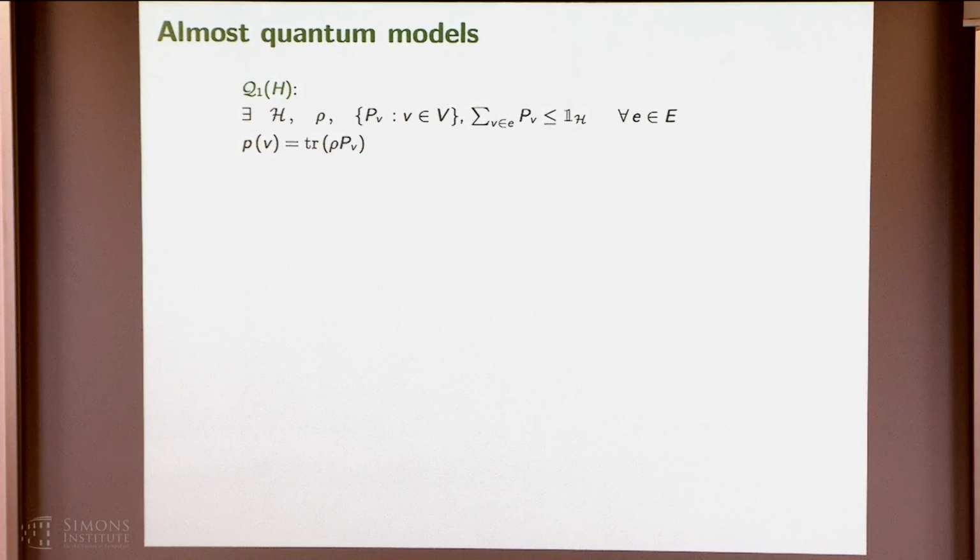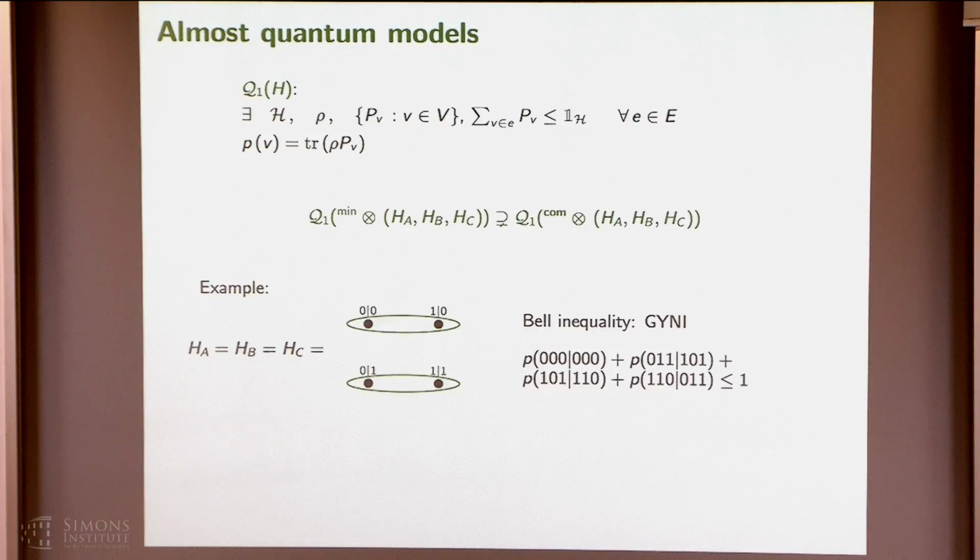So this trivially has quantum correlations as a special case. And here, actually, we were able to find at least one difference. So there exist contextuality scenarios for a tripartite case where the minimal product gives a different set of correlations than the common product.